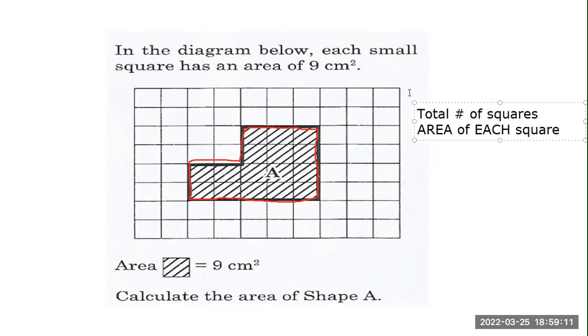So the two things we need are the total number of squares and the area of each square. Now there are some instances where the area of the small square is not given and you have to actually calculate it. In this case, however, it's given. So we know one small block represents 9 centimeters squared. Right? So what we need to do is find out the total number of small squares. So we can count them directly from the graph.